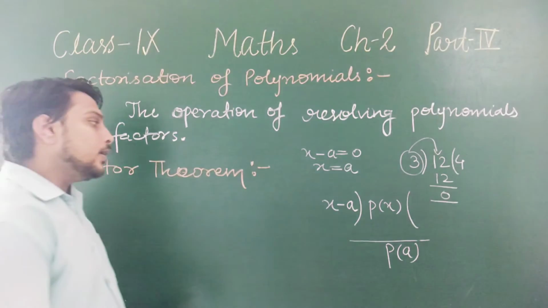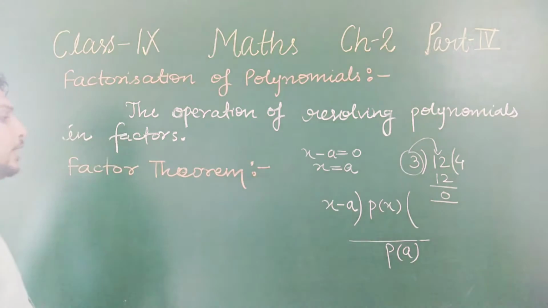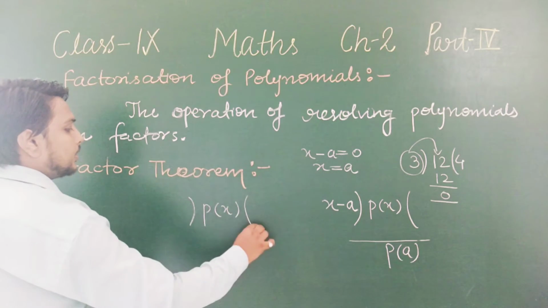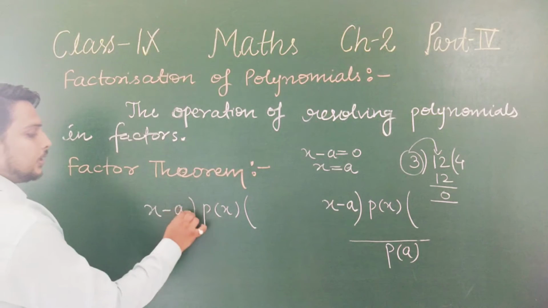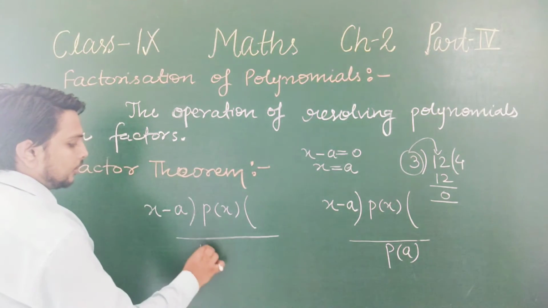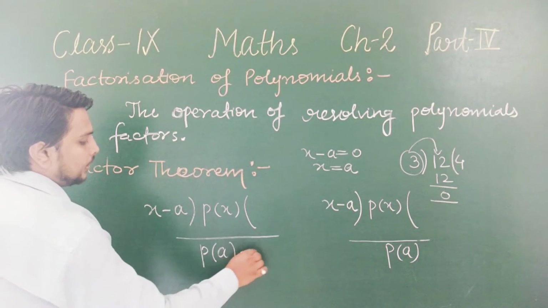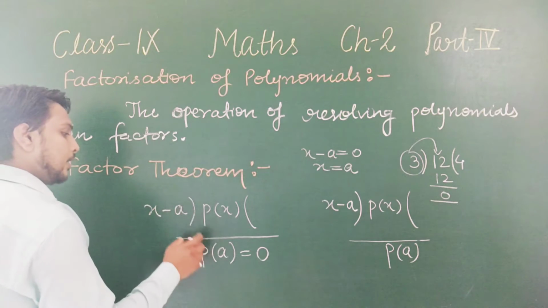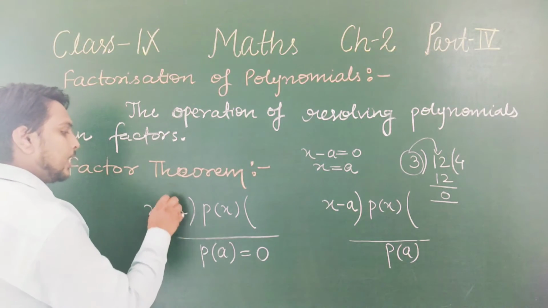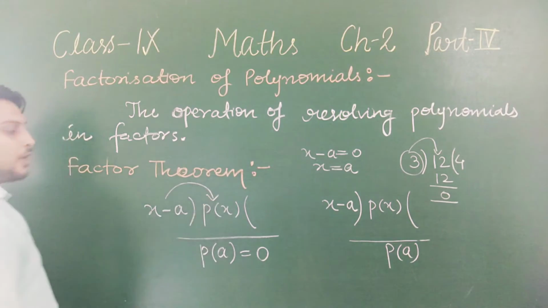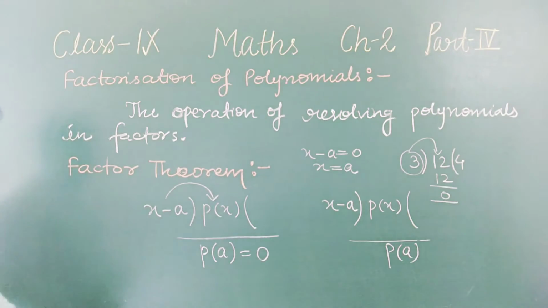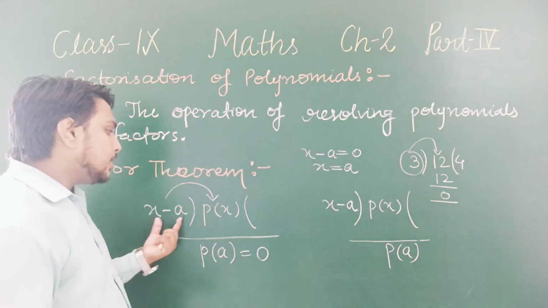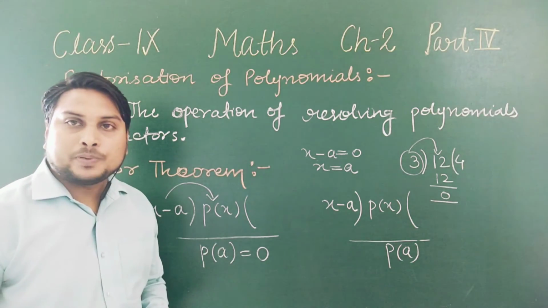So what should be there in the factor theorem? In the factor theorem, we can say that if the polynomial p(x) is divided by x minus a, and you get the remainder p(a) equal to 0, then x minus a is a factor of p(x). Only one line is added, that if the remainder comes 0, it means the divisor x minus a will be a factor of p(x).